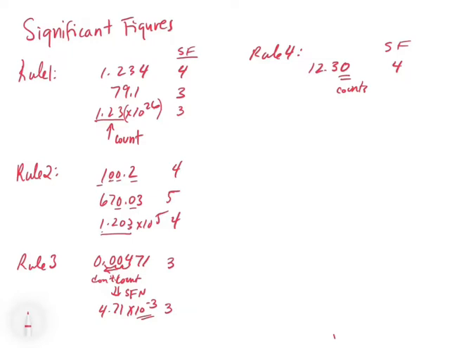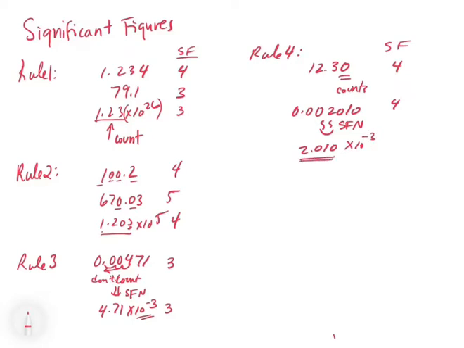Again, let's look at this with scientific notation. Let's say we have 0.002010. We would count this as 4 significant figures. Let me show you why converting to scientific notation helps. This would be 2.010 times 10 to the minus 3.